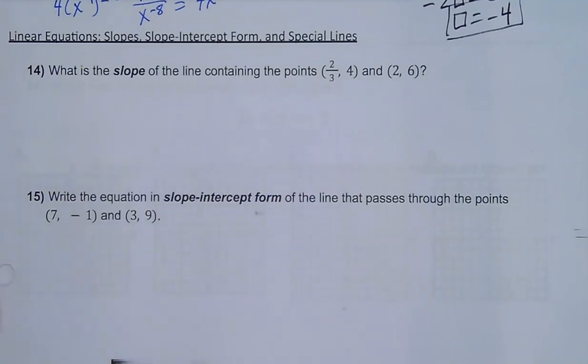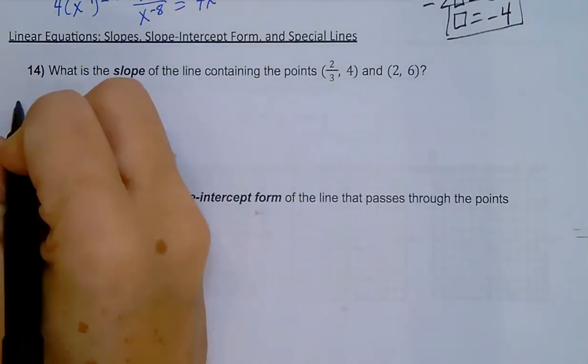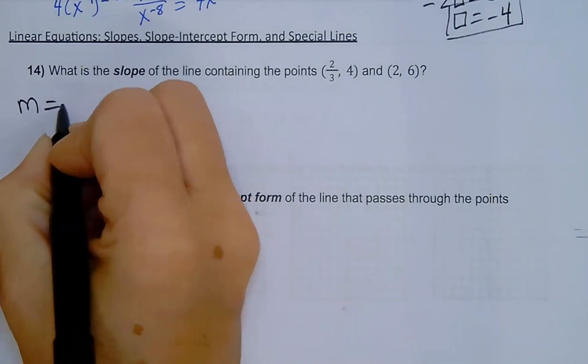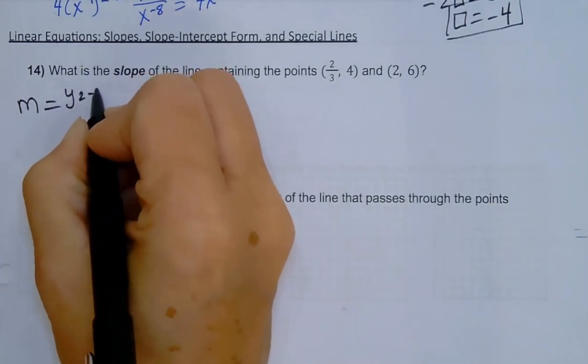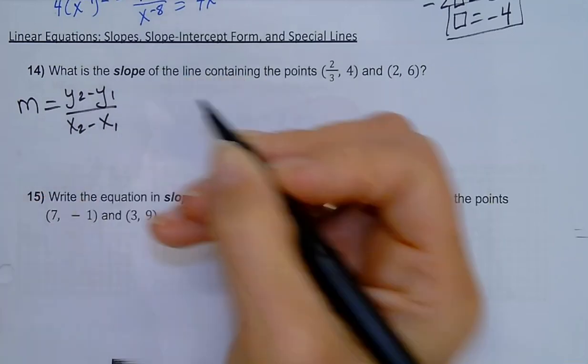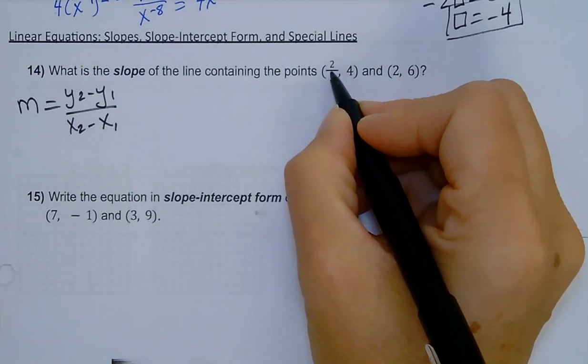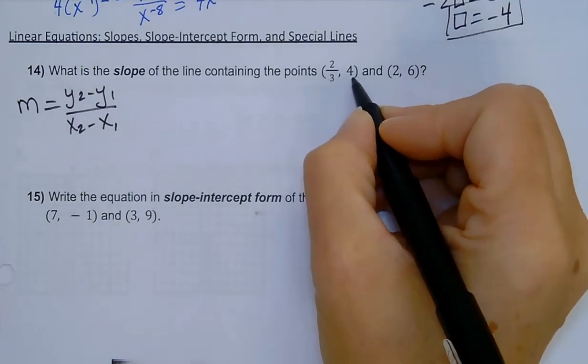So remember, to find slope, we're going to do change in y over change in x. That's our standard: m equals y sub 2 minus y sub 1 over x sub 2 minus x sub 1. So if this is my first point, this is x sub 1, this is y sub 1.